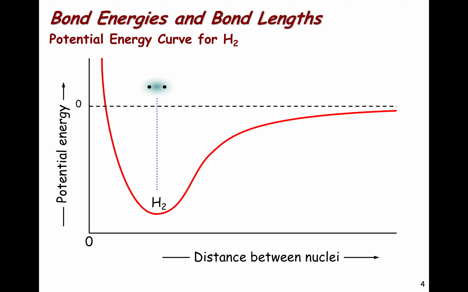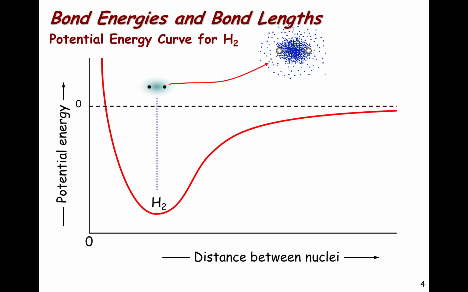This then represents the situation where the electrons are not attracting the two nuclei together, but as the distance decreases, we get a stabilization in energy. But then at some point, when the two atoms get too close together, the nuclei, which are positively charged, start to repel one another, and the energy goes back up.